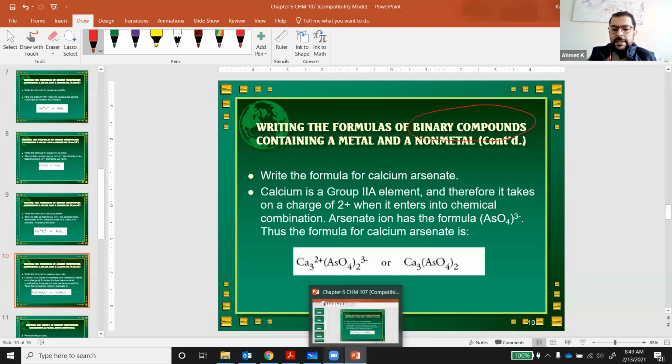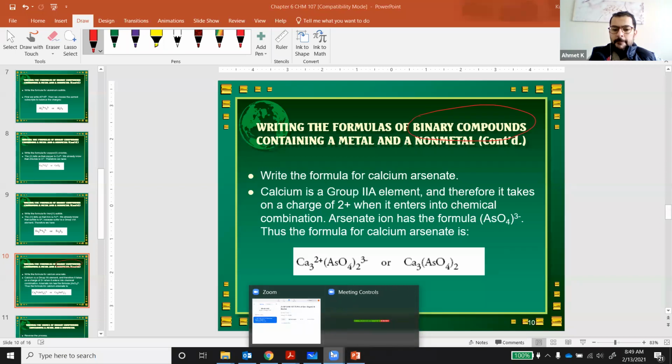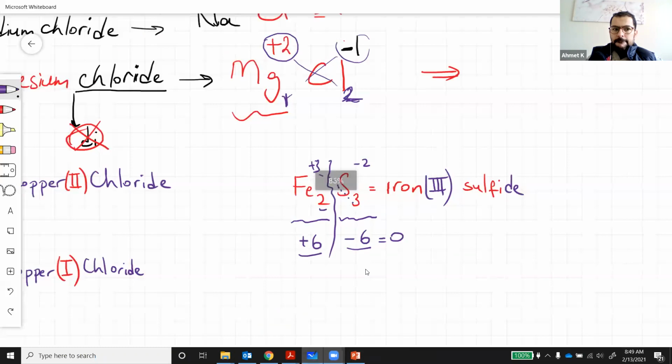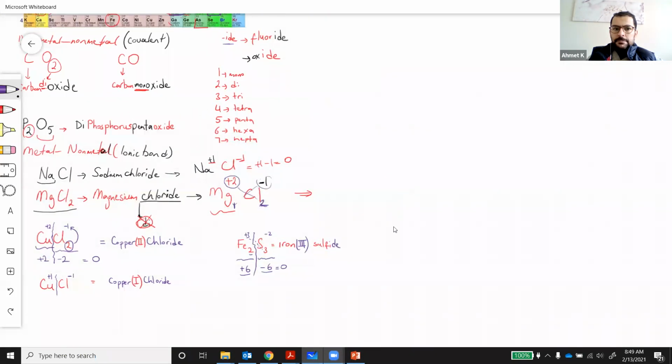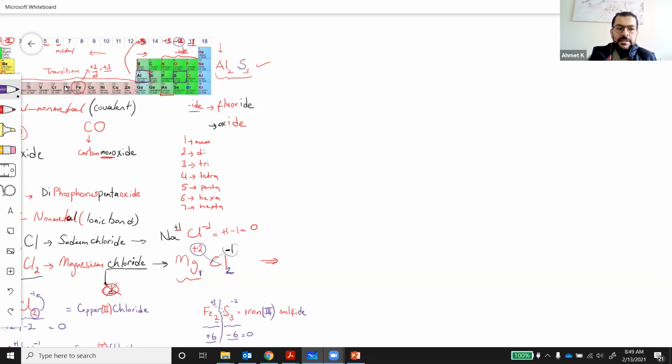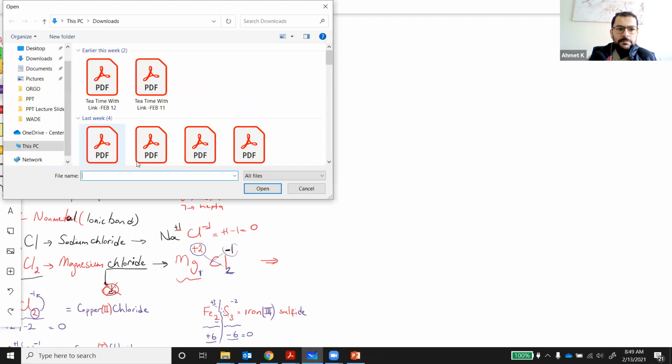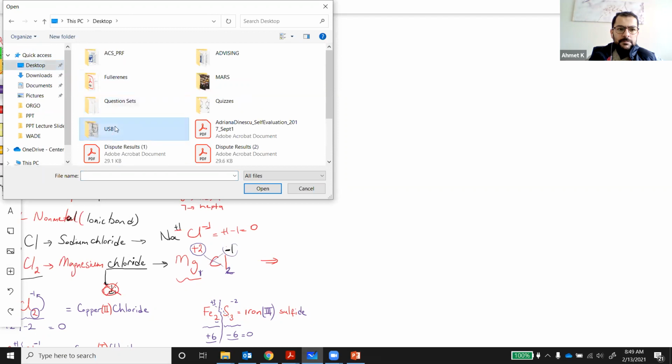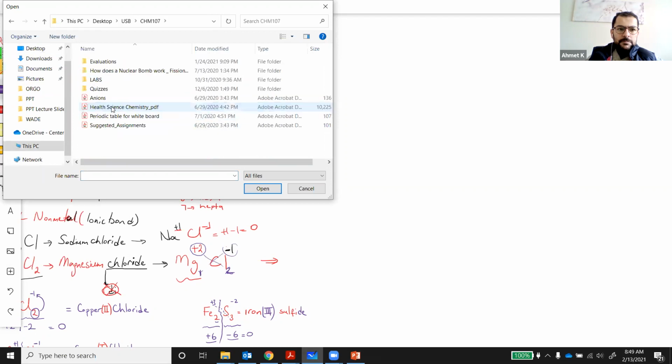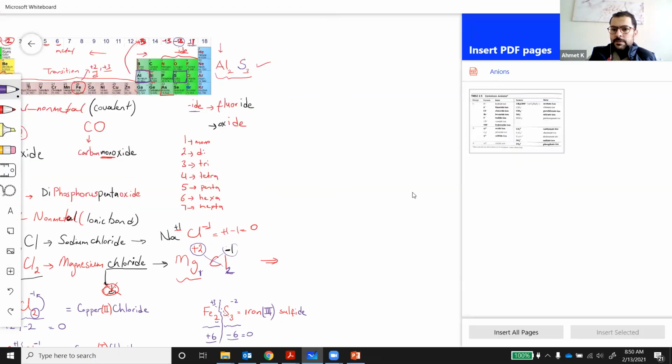And these are the polyatomic ions that we are interested in. Let me see if I can add the PDF file. Let's see how this is going to turn out.